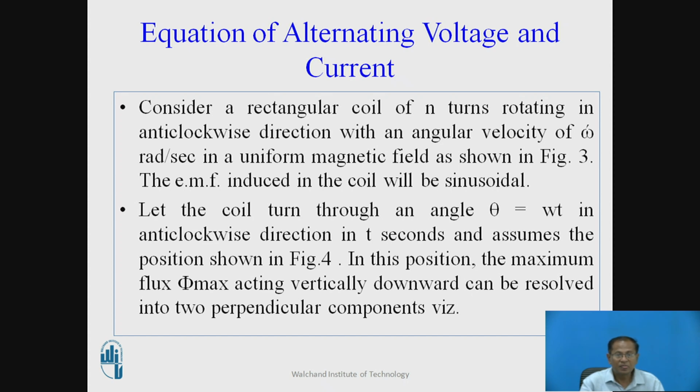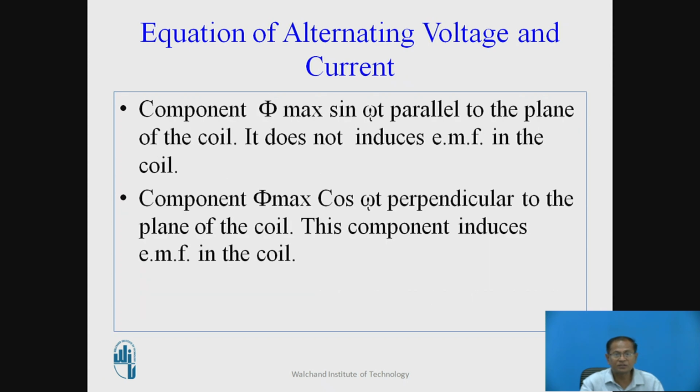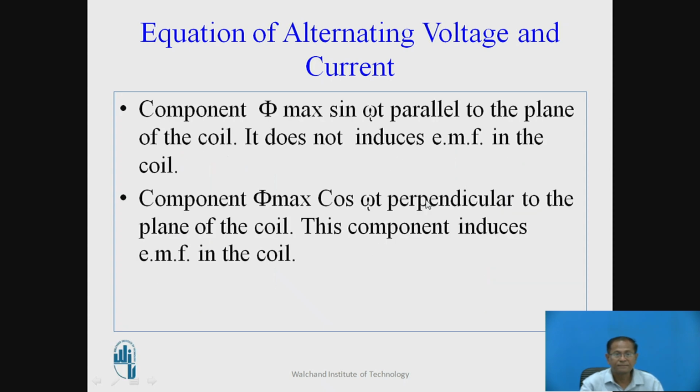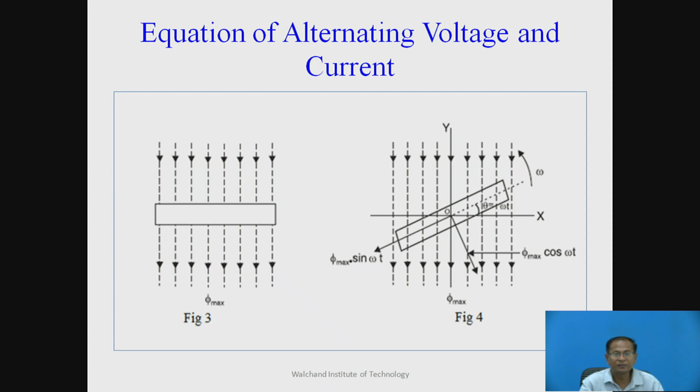In this position, the maximum flux phi max acting vertically downward can be resolved into two perpendicular components. The component phi max sin omega t parallel to the plane of the coil does not induce EMF in the coil.